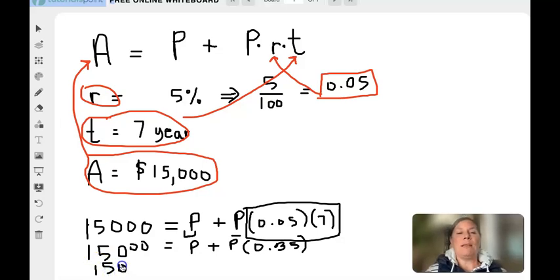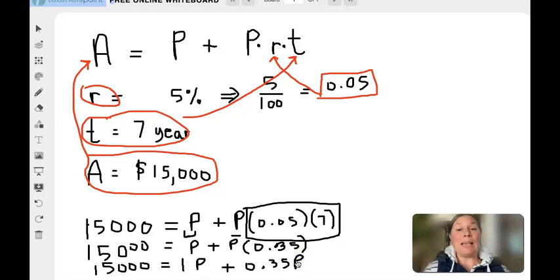I just want you to conceptually understand the math, so it's not like magic. I have a whole P here, plus I have 0.35 P here, okay? So the truth is I can add these up.